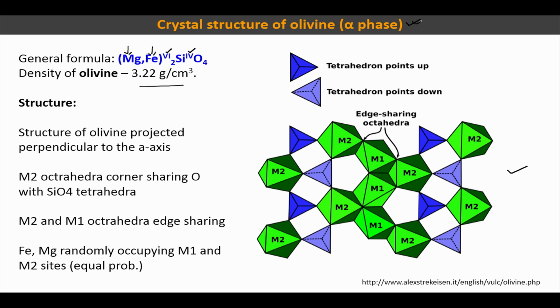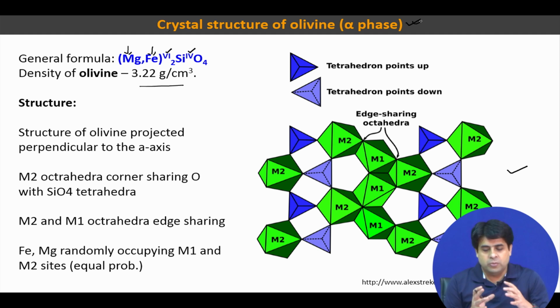Okay, and these are nesosilicates. The definition of a nesosilicate is that you have isolated silica tetrahedra. So, basically your silica tetrahedra will not connect with another silica tetrahedra. If you see this image, you will find this blue colored tetrahedra.